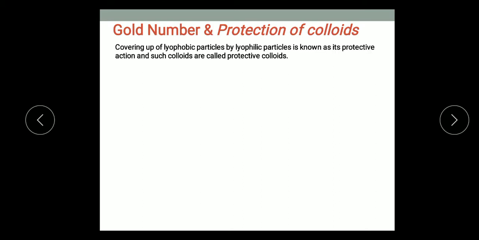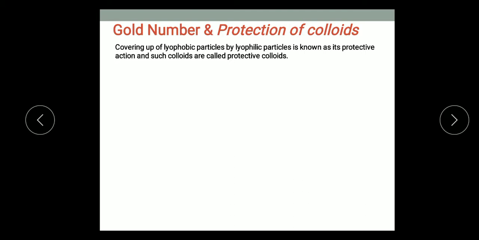The next part is the gold number and protection of colloids. We know that lyophobic sols are very easily precipitated or coagulated, whereas lyophilic sols are not easily coagulated. So if we mix some amount of lyophilic sol into a lyophobic sol, then it prevents the coagulation of the lyophobic sol by an electrolyte.